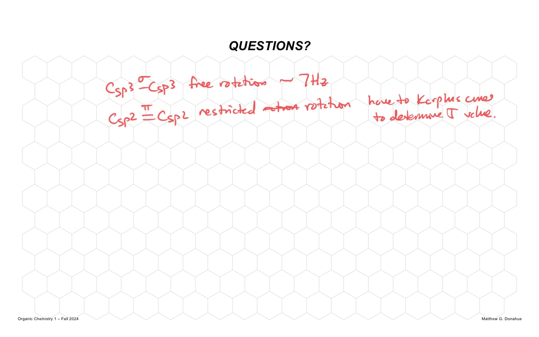This also holds true for rings, because you have restricted rotation in rings. That means dihedral angles are locked.